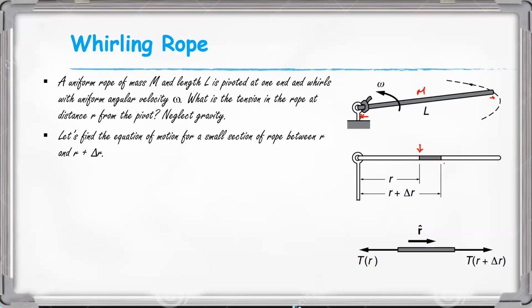Here the length of the section is delta r. Here it is r, here it is r plus delta r, so this length is delta r, and let the mass of this section be delta m.